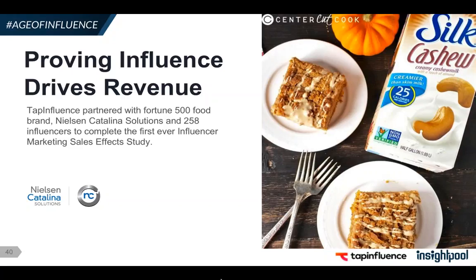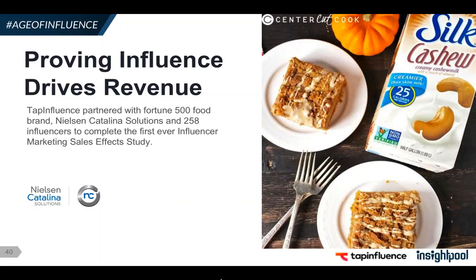I think this is a great segue from the data to what is actually most important. We initiated a survey with a large Fortune 500 food brand. What we wanted to do is tie revenue against influencer marketing, people who saw the influencer content versus people who didn't. And so we put together the sales effect study with Nielsen Catalina Solutions.